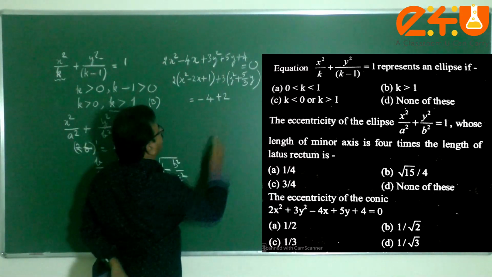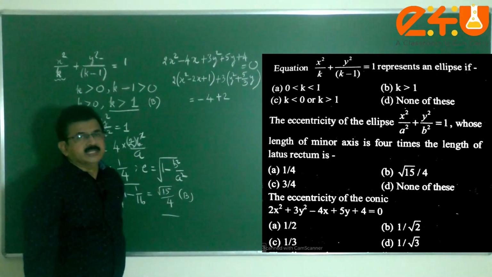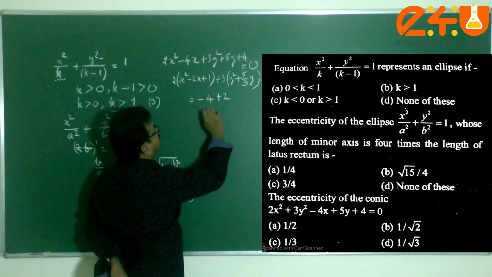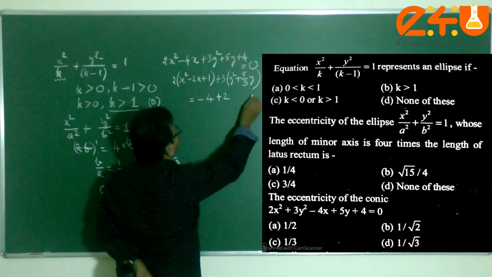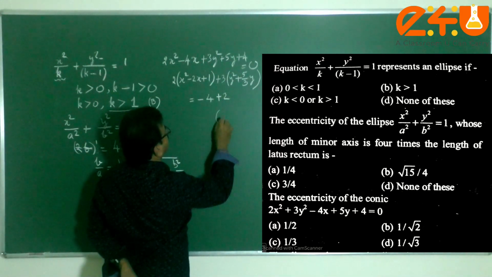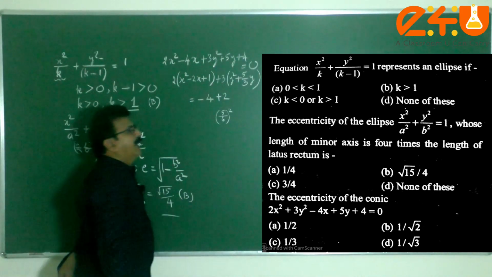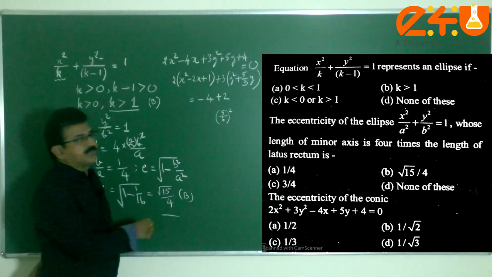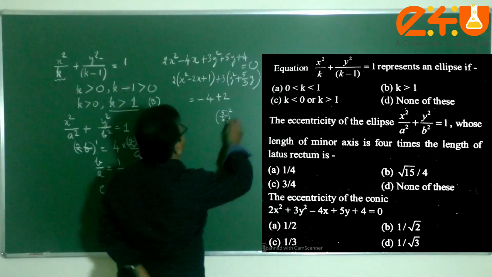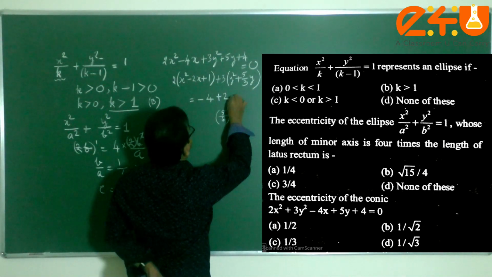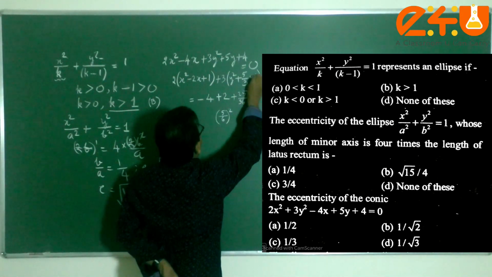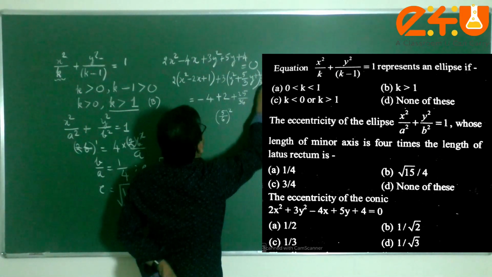Similarly, to complete the square within the parenthesis of y terms, I have to square half the coefficient of 5 by 3, which means I have to square 5 by 6, and that is to be added equally on LHS and RHS. So I need 25 over 36 here also.